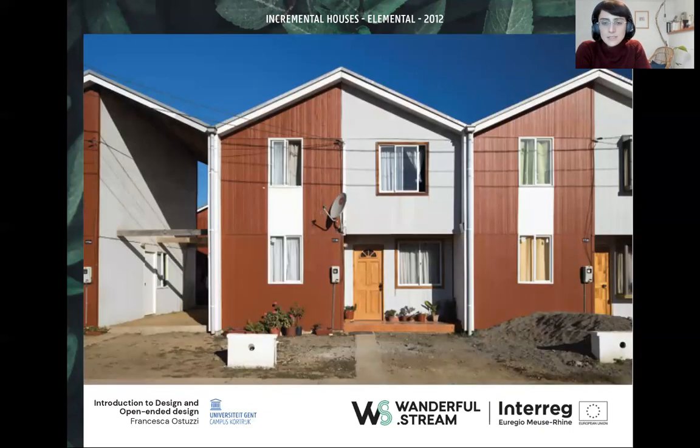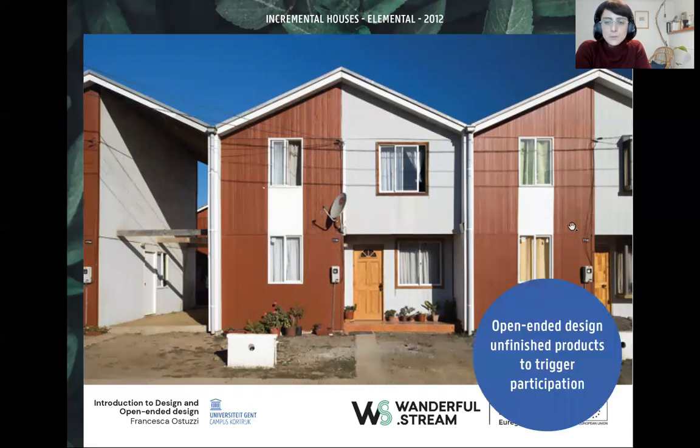It's very interesting to see in the pictures that many houses became very different, in a way that was very unexpected. So in this way, you can try to decrease waste by designing unfinished products in an open-ended way, so that you trigger the participation of your users.